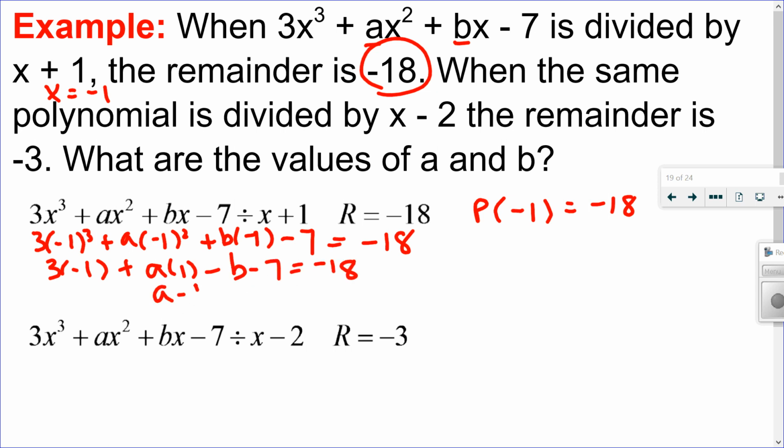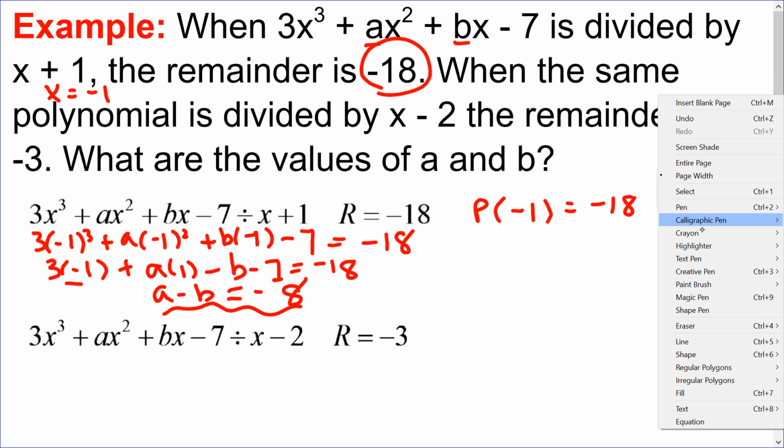So this is a minus b. Grouping my like terms, I have negative 3 and negative 7 is negative 10, and I'm going to add the 10 to the other side to get negative 8. To isolate for my variables, I add 10 to both sides and I get negative 8. So this is my first equation: a minus b equals negative 8.